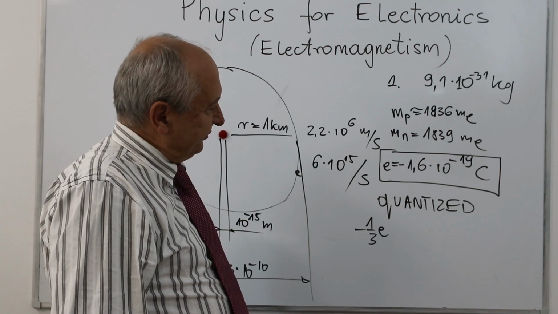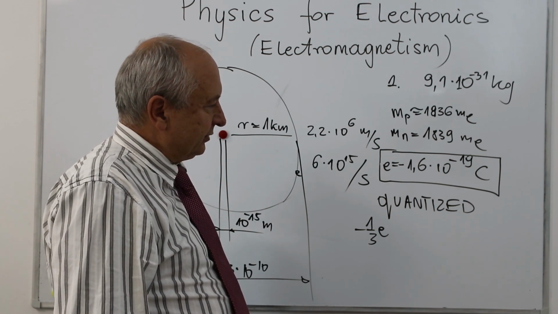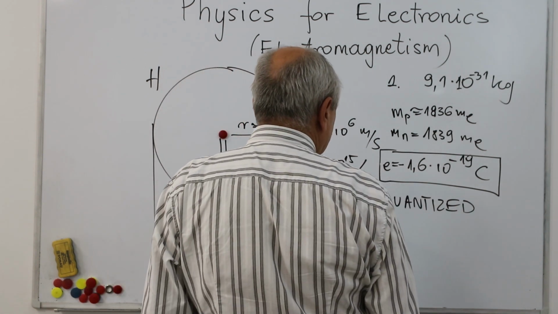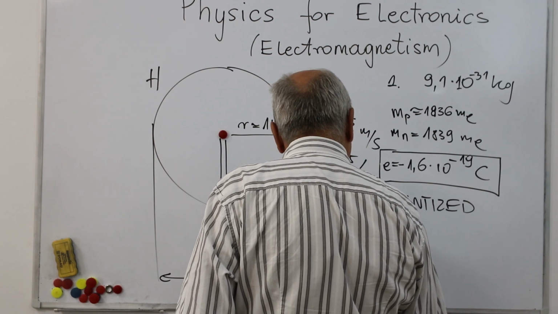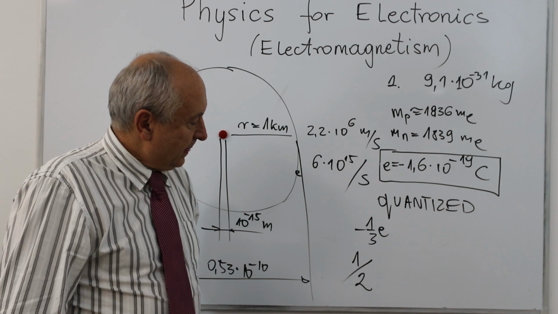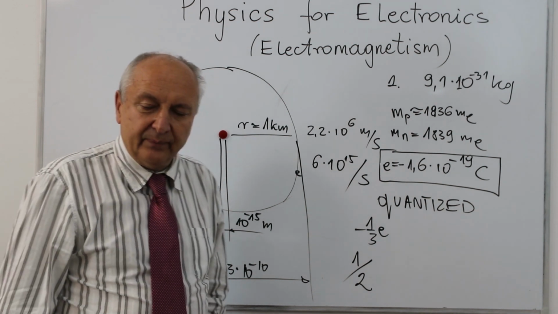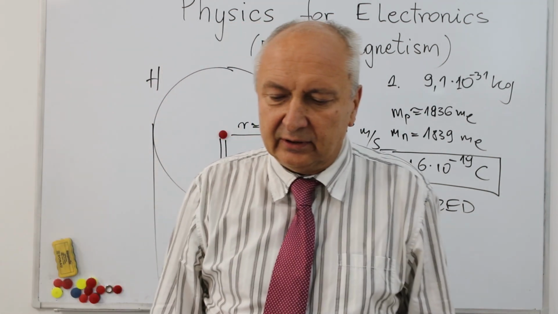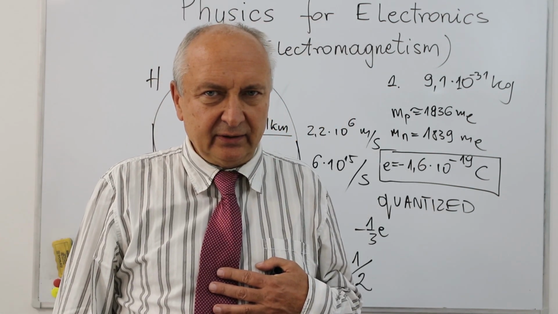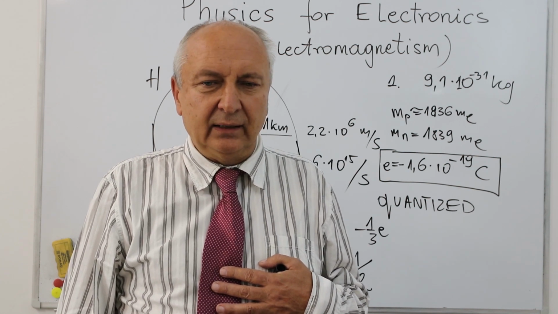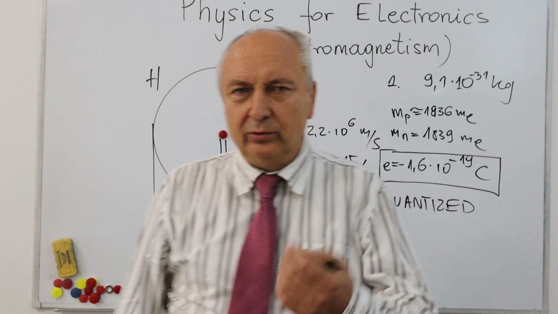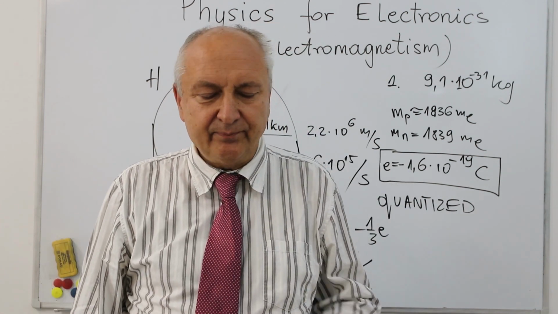And the electron has the property that we call spin. Spin of the electron is 1/2. That means, for a particle with spin equal to 1, for example, I have spin equal to 1, if I rotate one time, I look the same.